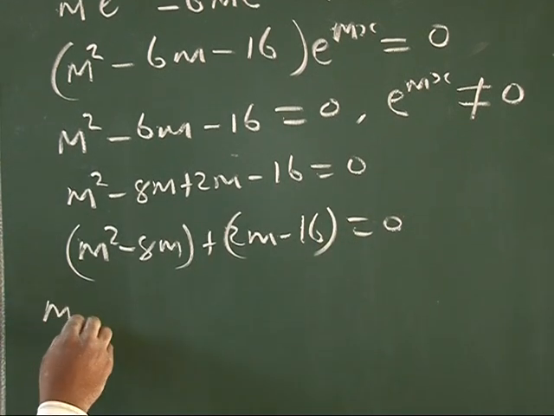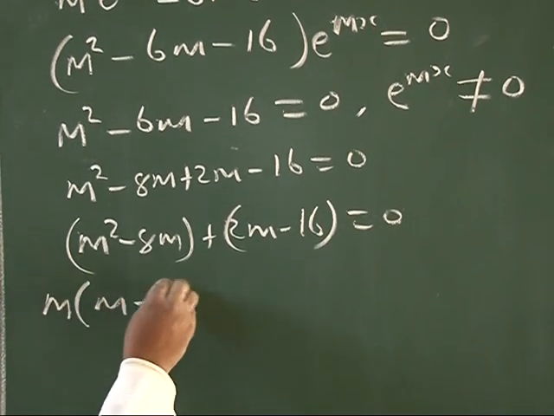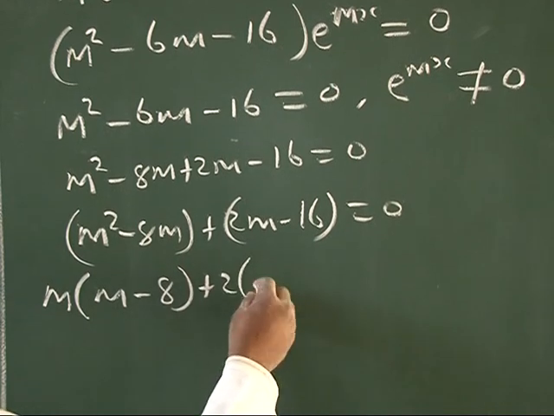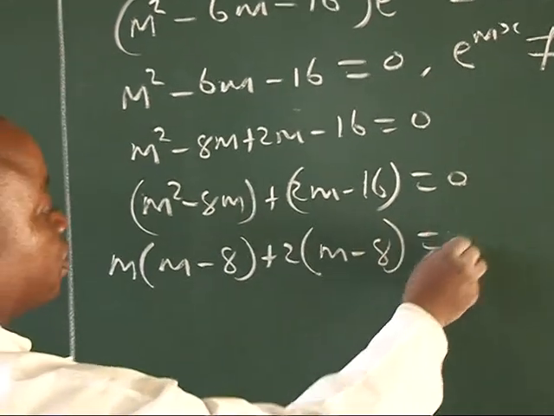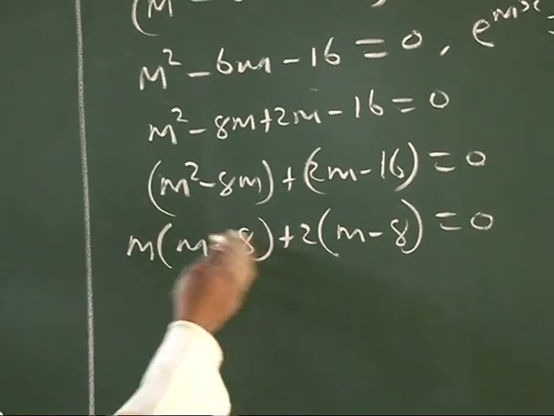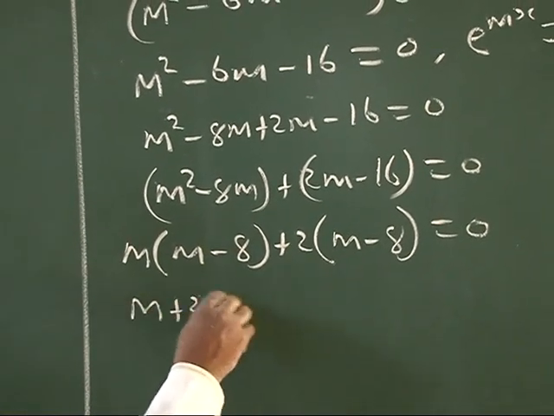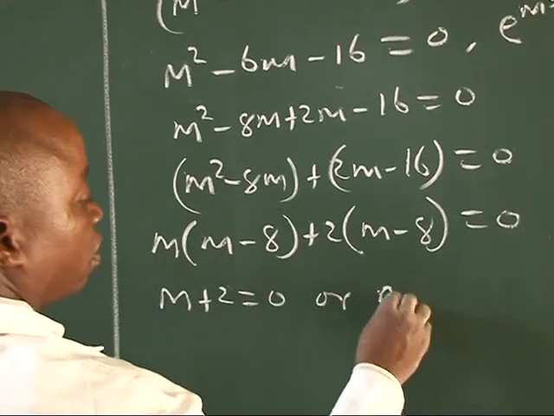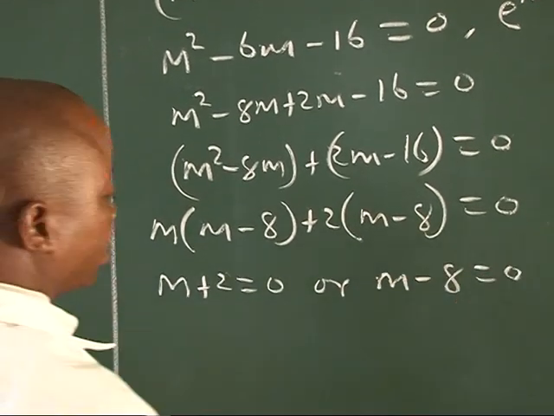So we have m minus 8 plus 2 times m minus 8 is equal to 0. Collecting as usual, m plus 2 is equal to 0, or m minus 8 is equal to 0.